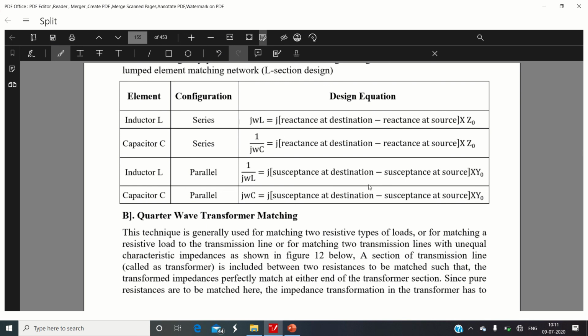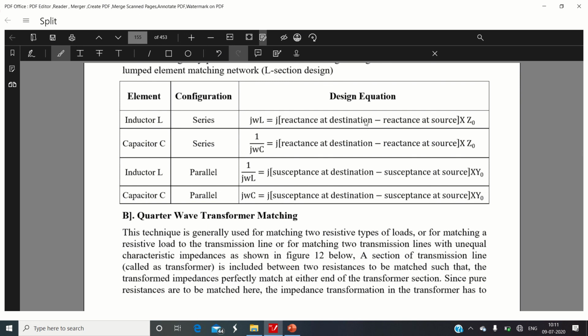This concept I will make clear shortly by taking an example demonstration of the Smith chart using the simulator tool. So when we want to use an inductor in series, what is the formula to calculate the value of the series inductor? Use this particular formula: jωL is equal to j times the bracket of reactance at destination minus reactance at source, multiplied by Z0.